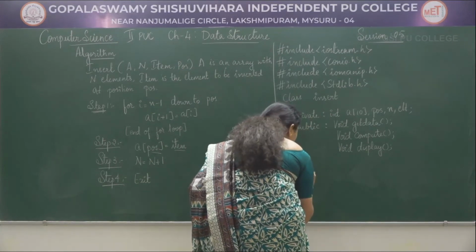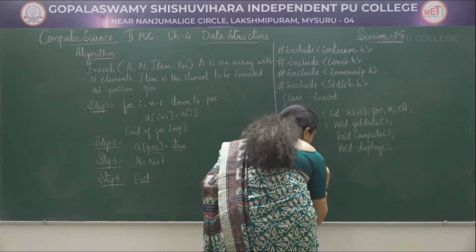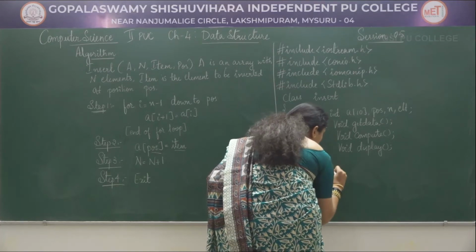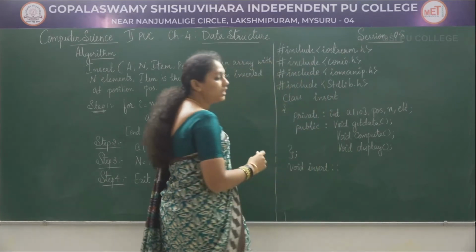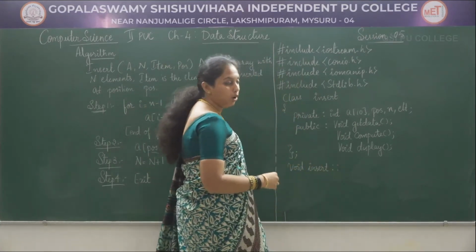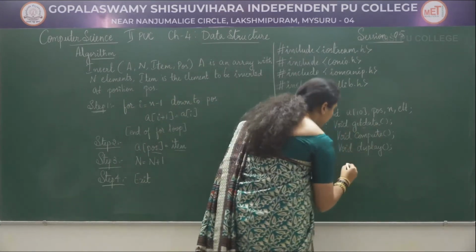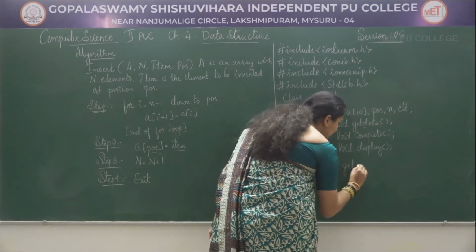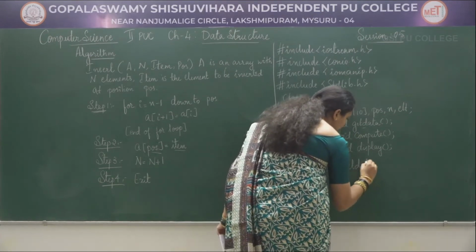Void insert. So I am defining the function outside the class. So I am using this scope resolution operator. So what is the first function? That is get data function.